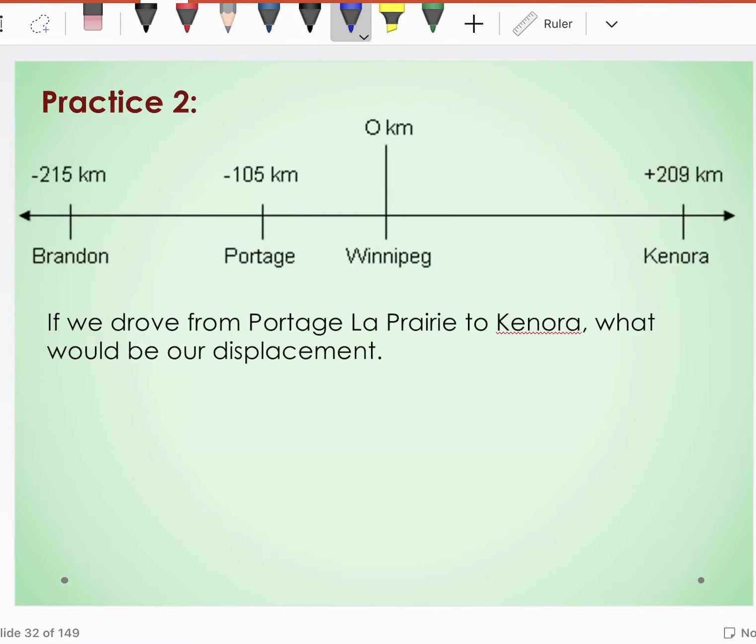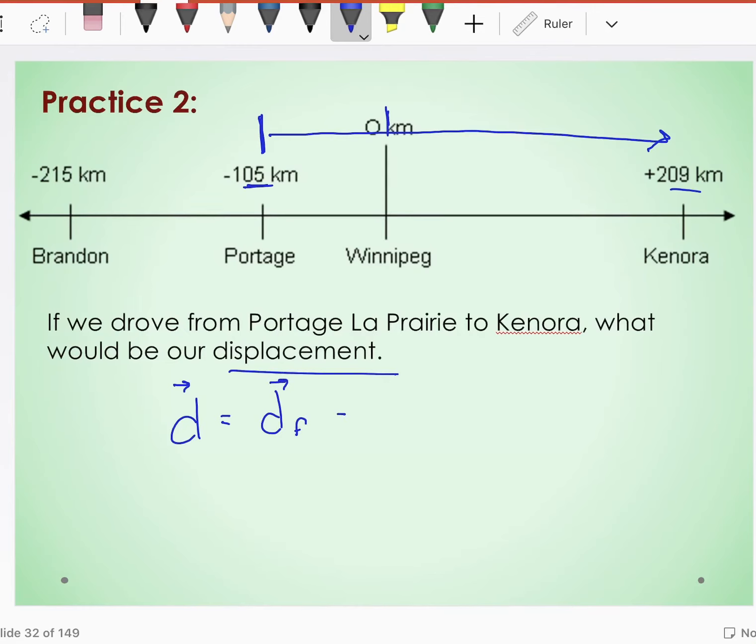Okay, 2 more examples here. We have a bit of a picture here. Now, if we drove from Portage La Prairie, which is here, to Kenora, what would our displacement be? I could use my number line here and figure out the difference between the initial and final. Because I have positions, these numbers actually indicate location in reference to Winnipeg, so I can also use my position formula: final minus initial.